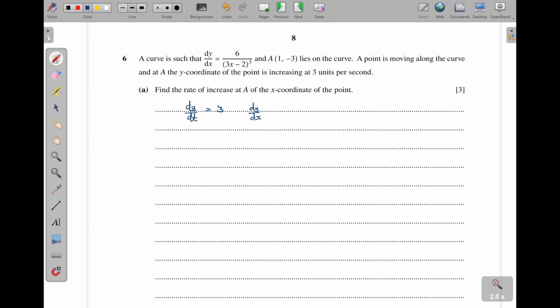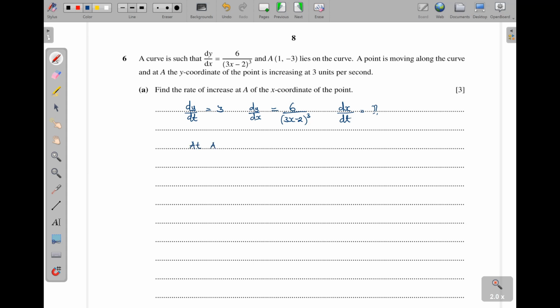Sometimes they just give you the equation of the curve and you're supposed to find dy/dx. So this one is already given, 6 over (3x minus 2) cubed. Now we are supposed to find dx/dt.